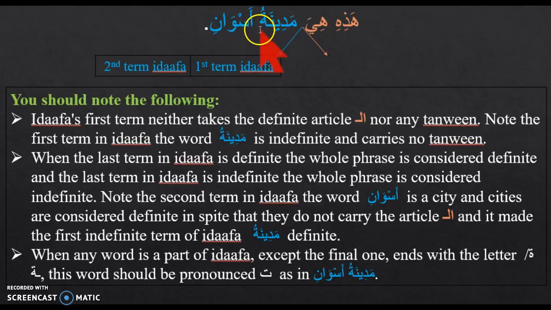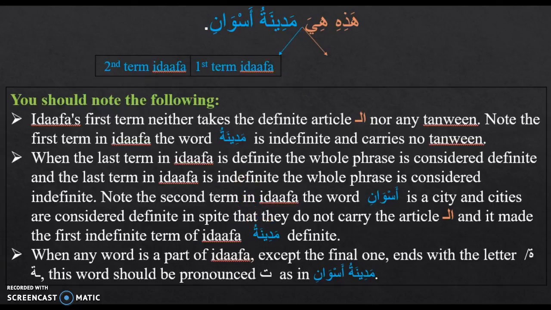Again, the rule says this applies when the ta marbuta is in an Idaafa term that is not the last term, maybe the first or second if you have more than one noun. In this case, you have only two nouns and the first term has ta marbuta. You are not going to say Medina Aswan. Medina Aswan is an incorrect pronunciation. You need to pronounce the ta marbuta with a T sound instead of an A sound to become Medinat Aswan.